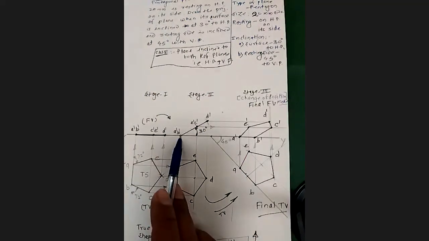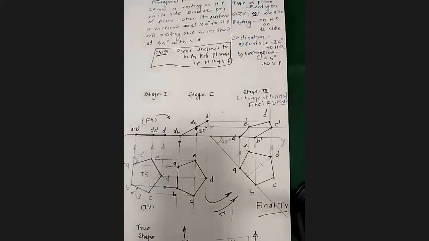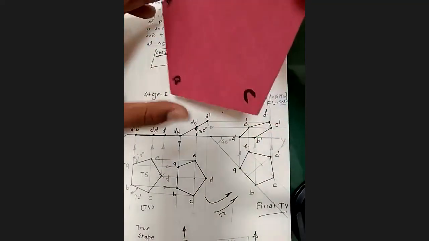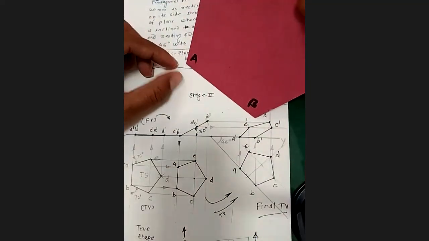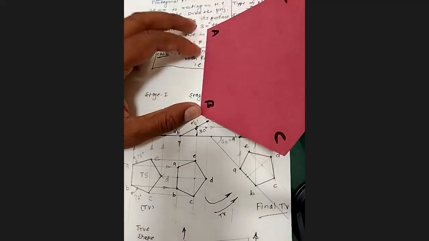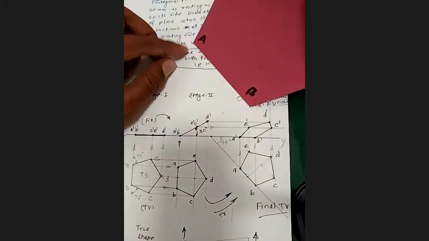This AB. In the first stage, second stage, even the front view, you will find the A and B side on the horizontal plane like this. A and B is on the horizontal plane, the resting side on HP. That side is given inclined at 45 degrees, meaning instead of keeping it perpendicular, we have to change it by making sure that this line becomes inclined at an angle of 45 degrees with the vertical plane.